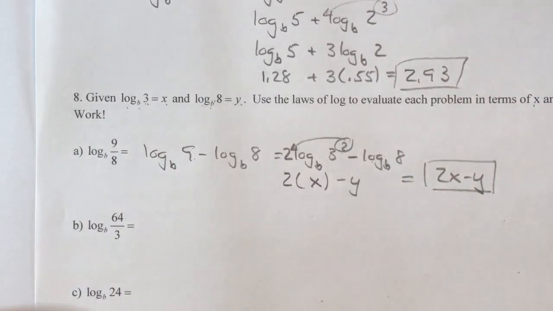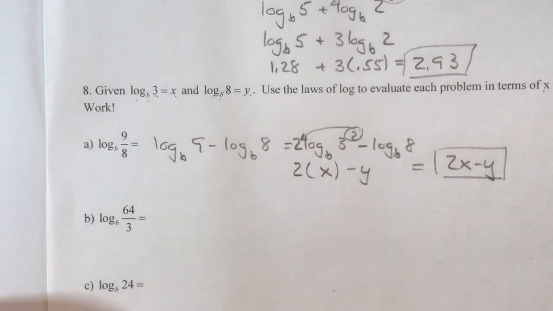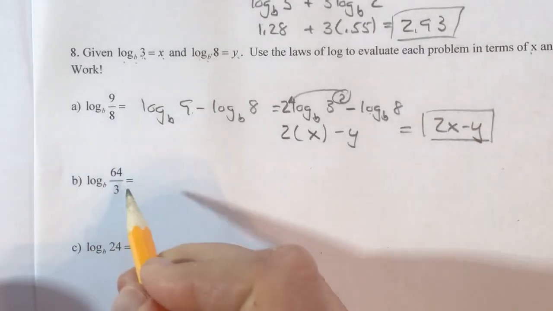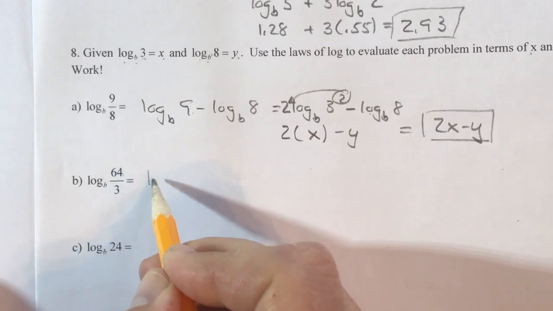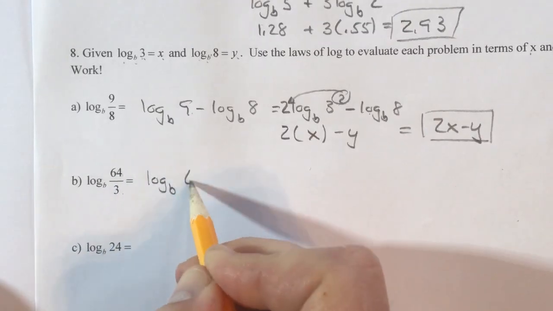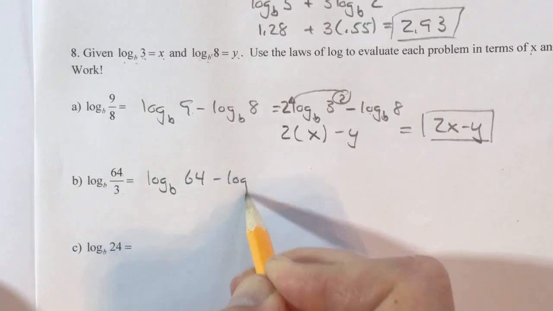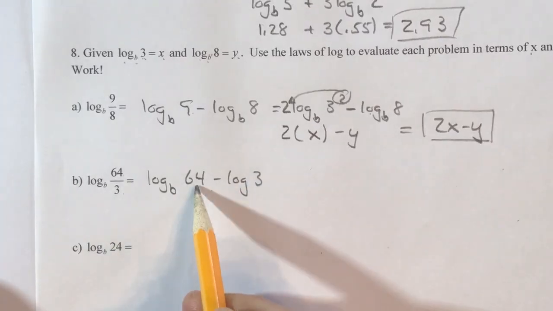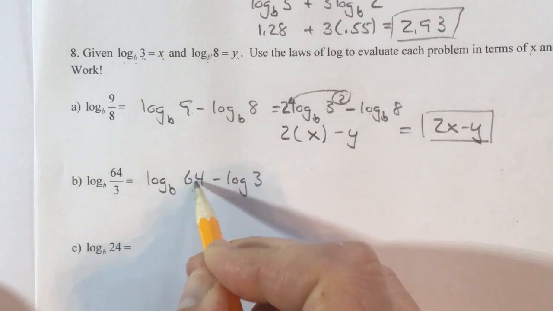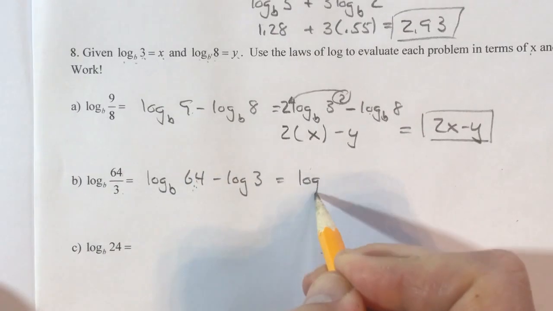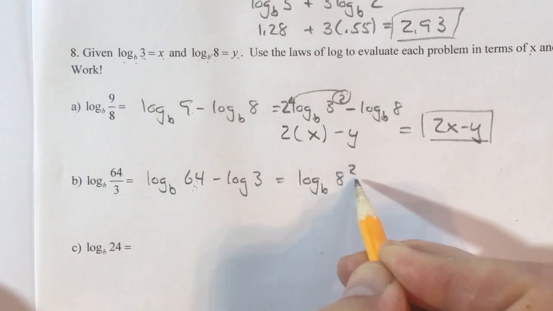Done. Okay. So maybe you want to try this one on your own and then watch me do it, but I'm just going to go right ahead and do it. So I know this is going to turn into subtraction again. 64, isn't that 8 squared? That's 8 squared. So I'm going to change that to 8 squared.